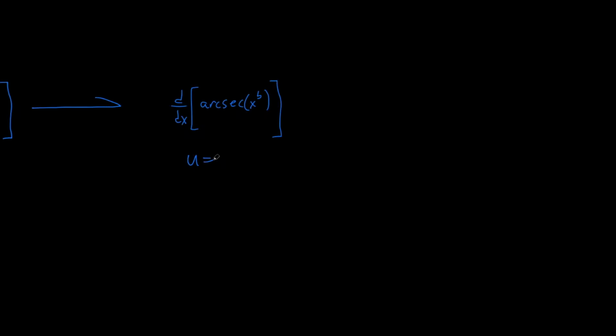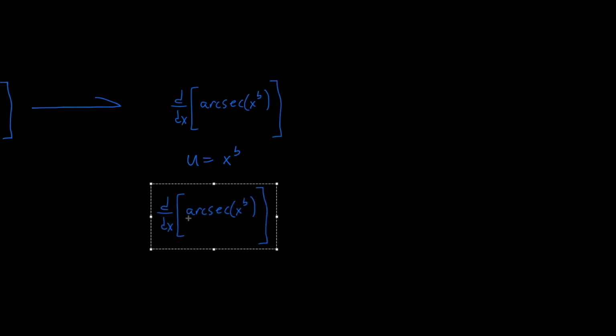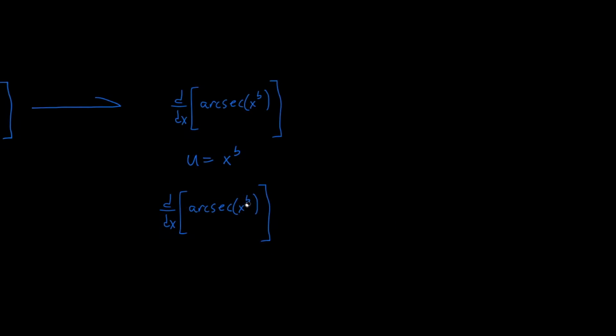So u is going to equal x to the b, and then I'll just rewrite this inside as u, and then we are differentiating a function that's in terms of u with respect to x, so we're going to have to use the chain rule now. So du dx times d du of arcsecant of u, and u we can find first.